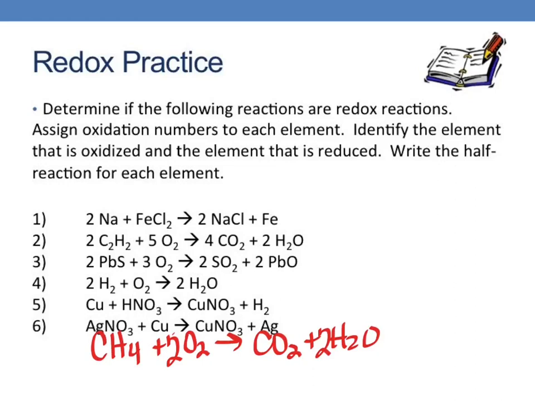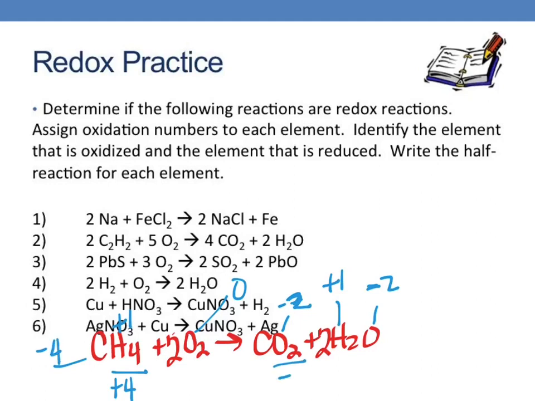We know that oxygen's oxidation number is 0 here. It's a minus 2 here, minus 2. We know hydrogen is always a plus 1. This one's a plus 1. So here we have a total of plus 4. What's carbon's number here? Minus 4.